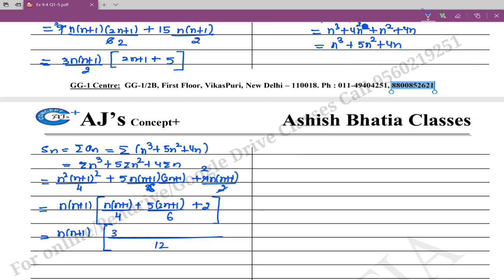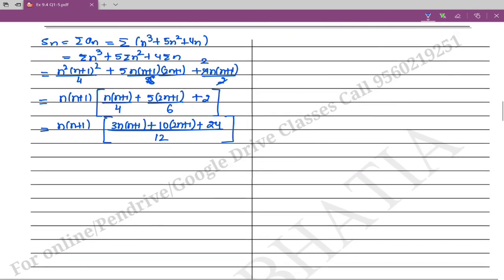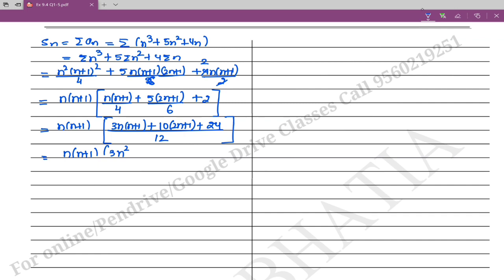So it would be 3n into n plus 1 plus 10 into 2n plus 1 plus 24. Now it will be n into n plus 1 into 3n square plus 3n plus 20n plus 10 plus 24 whole divided by 12.